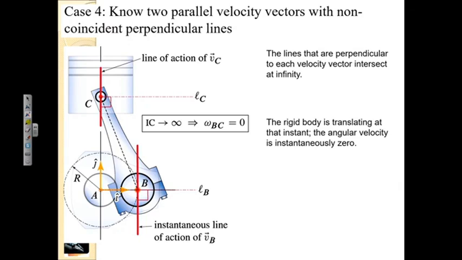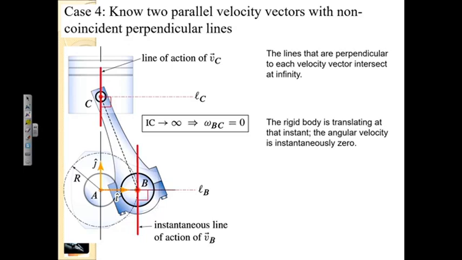Draw my perpendicular lines through the end of this one, through B. Hey, A is parallel to B. This guy is parallel to this guy. Then the perpendicular lines are going to be parallel, and there's going to be no intersection point.